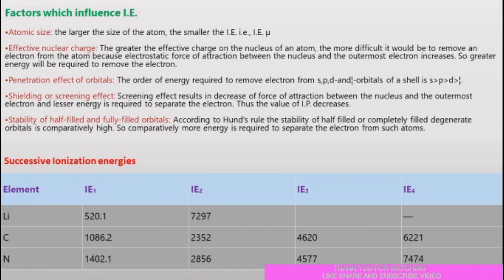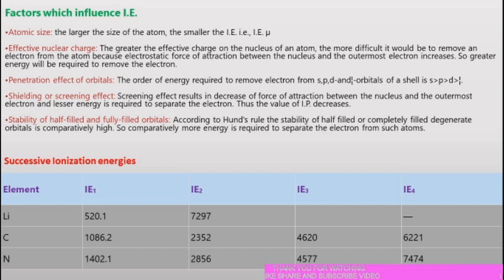Now here you can see the successive ionization energies: first ionization energy, second, third and fourth, for lithium, carbon and nitrogen atoms. For lithium, the first ionization energy is 520.1 and the second ionization energy is 7297. Here it is the energy required to remove the valence electron or last valence electron.